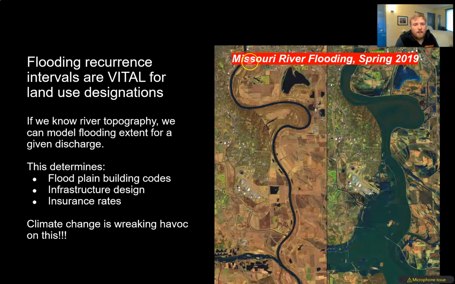So this is showing the normal course of the Missouri River, right? And the floodplain that was filling all the way out to its edges during this flood. It caused billions of dollars in damage and displaced many people in the Midwest. It was truly a disaster.